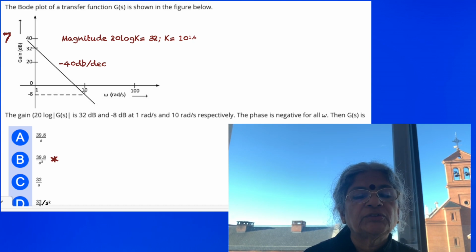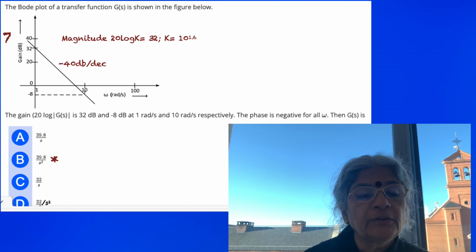There's a decade between 1 and 10. In a decade, the magnitude falls from 32 to minus 8, so the total fall is minus 40 dB, and that happens in a decade. So we have already assessed the shape of the log magnitude curve.